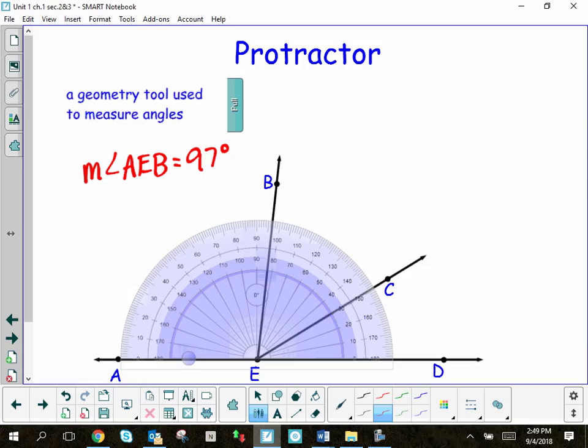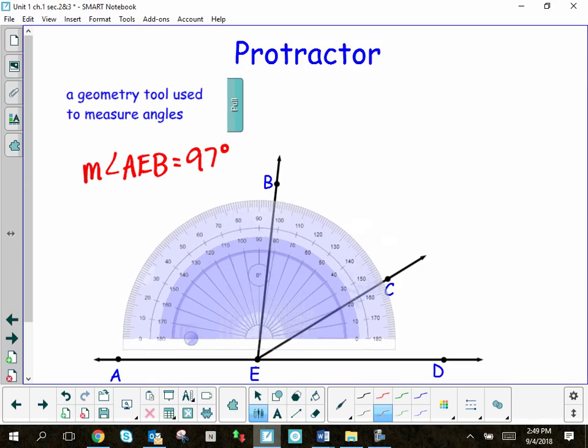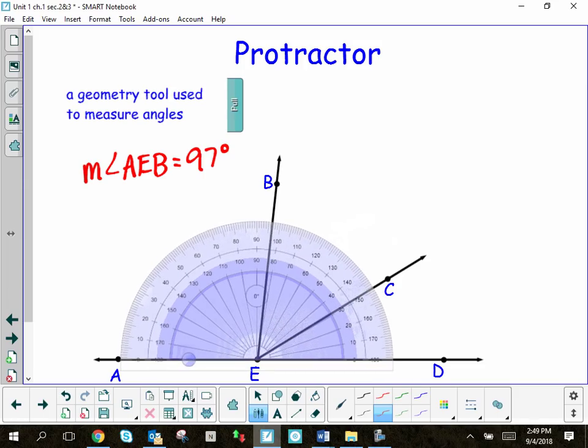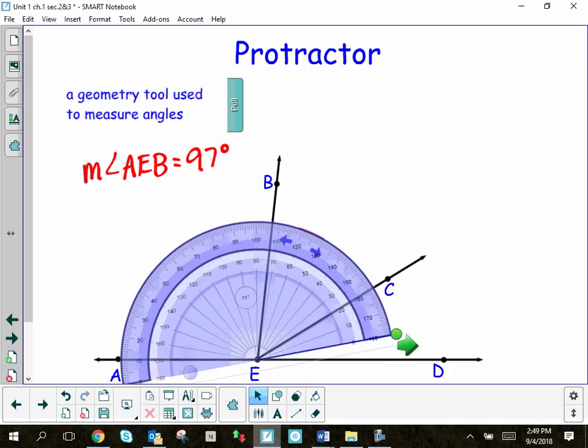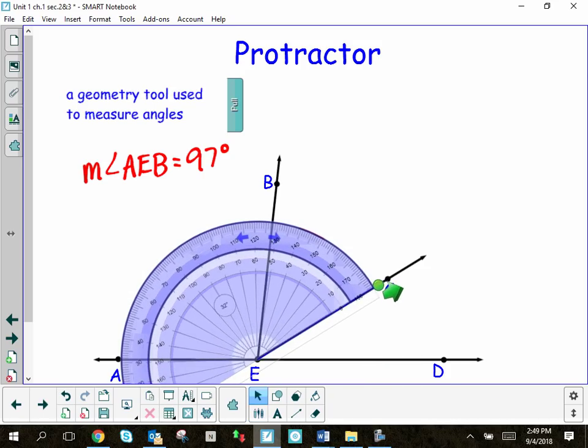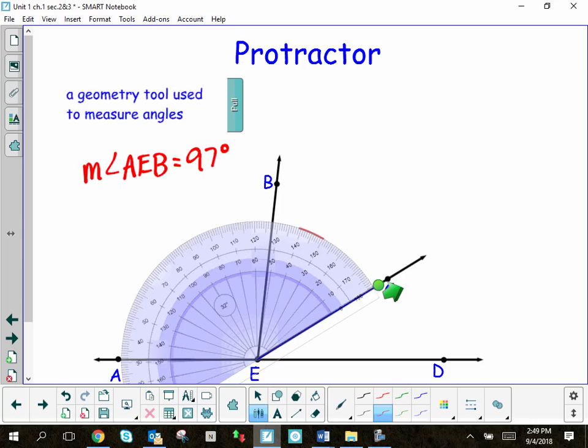Okay. And then let's say I want to measure angle BEC. Well, you want to still place this at the vertex, but there's not any that is at the 0. So what you want to do is rotate your protractor so that one of the rays is at the 0. So then I'm looking at the inside numbers: 0, 10, 20, 30, 40, 52.